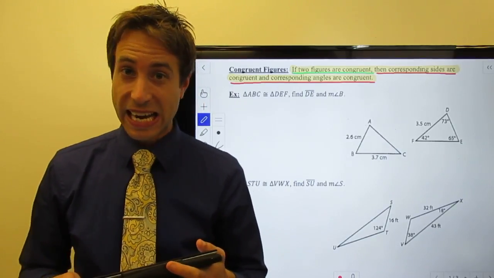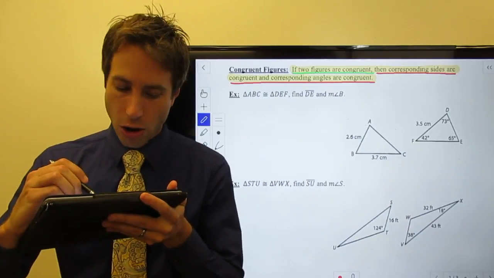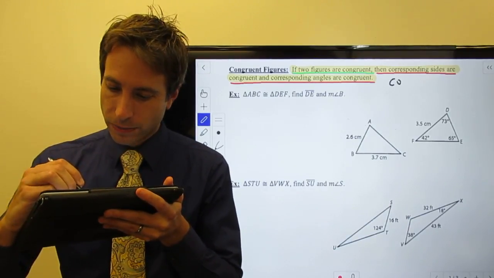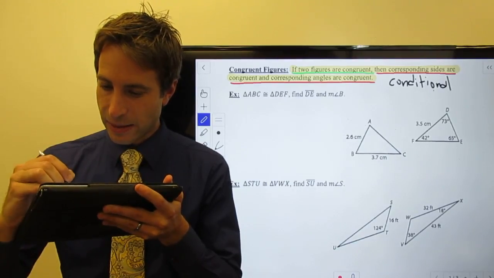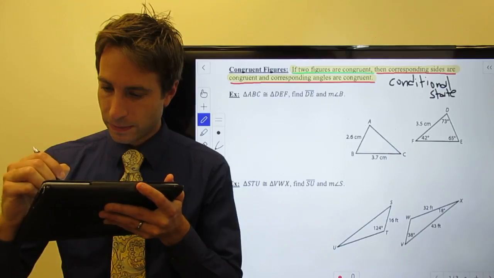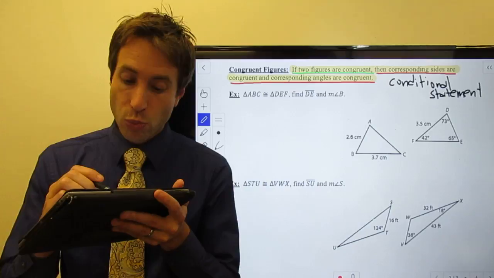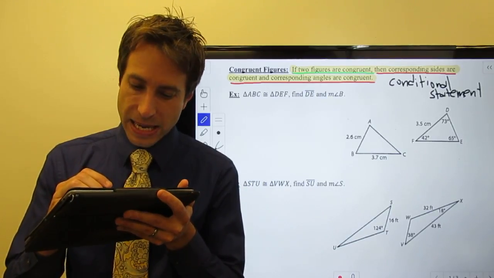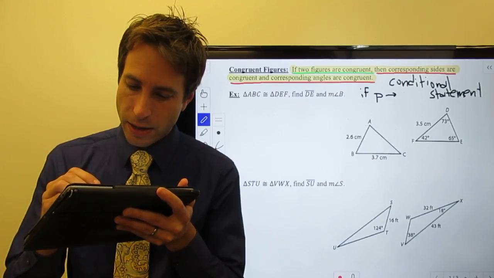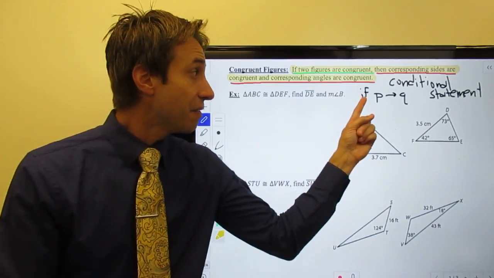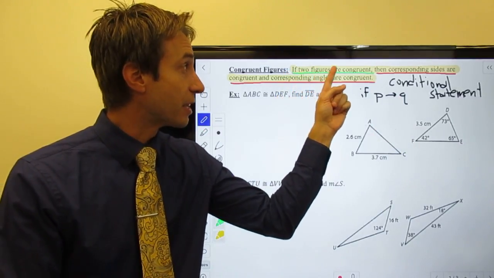You should recognize this from Chapter 1, Section 4 as what we call a conditional statement. Remember the way a conditional statement works? It was this: if P, then Q. Here, if P, two figures are congruent.